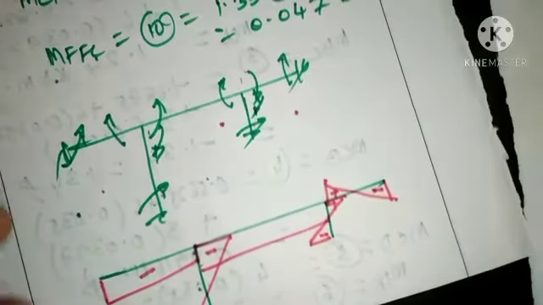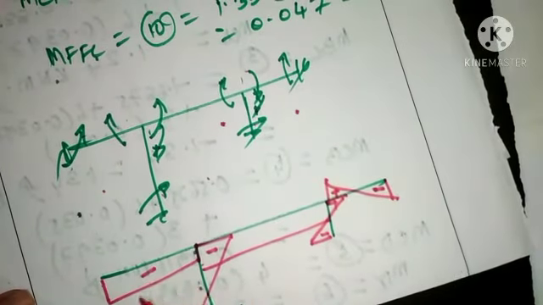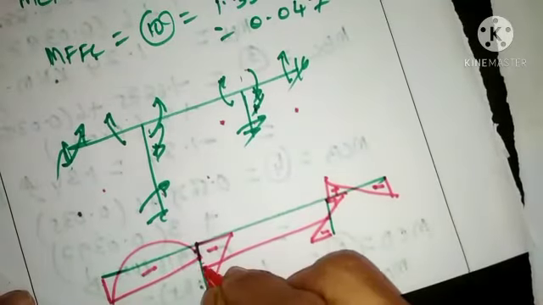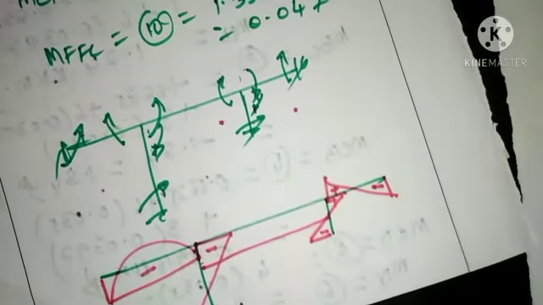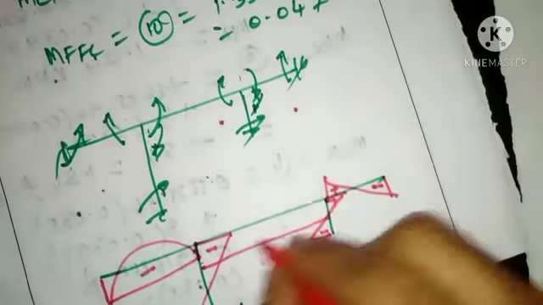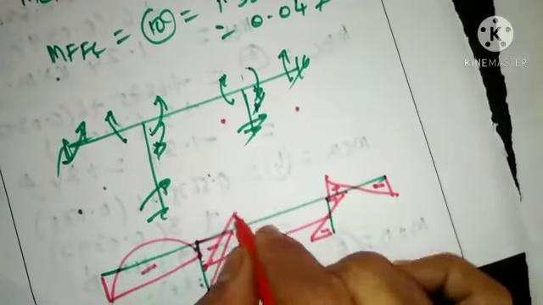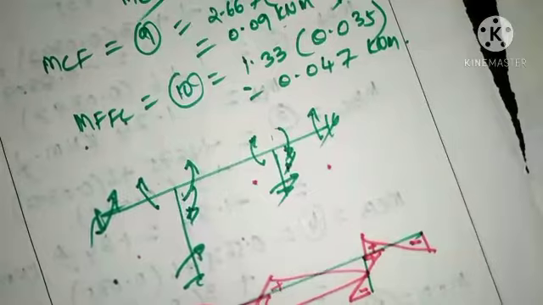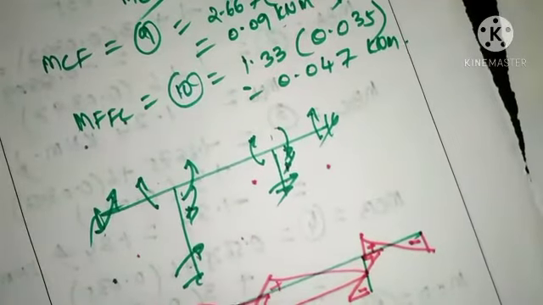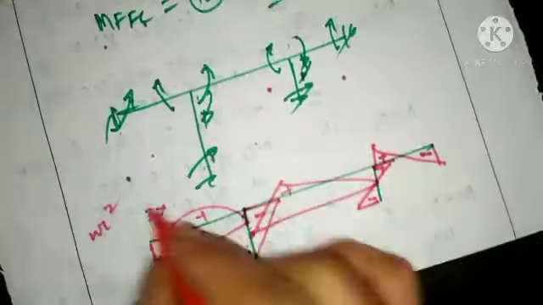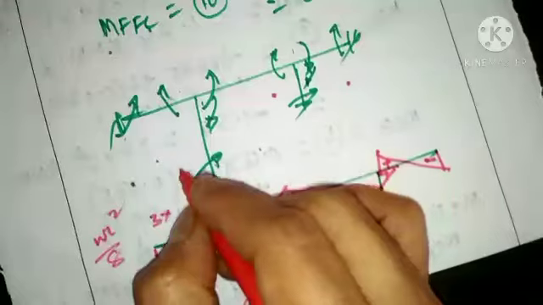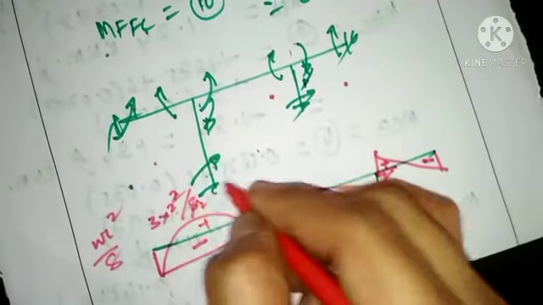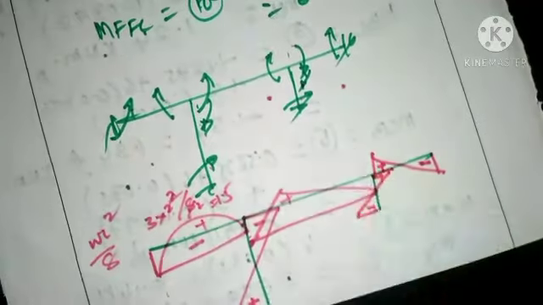Then over this portion there is a UDL, so it will come in parabolic shape. Over here it is a point load, which will come in linear fashion like this. So this will be positive, this will be positive. The value of this will be WL square by 8, so 3 into 2 square divided by 8, which will be 1.5.